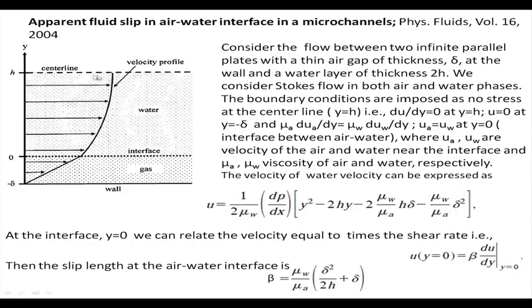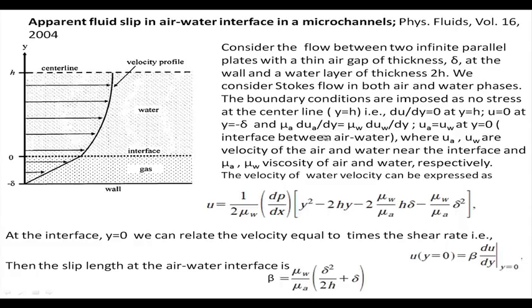Here we consider a center line in the channel, which means the flow over here and the flow in the other half are identical, a mirror image. So we are now considering the solid wall, above which a gas is situated, and then water.